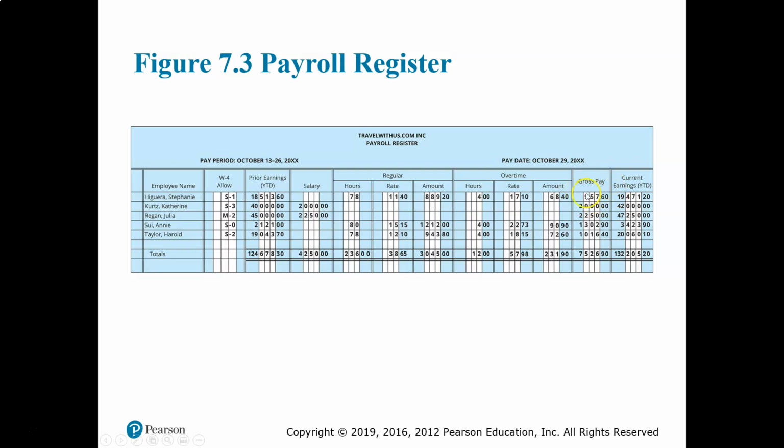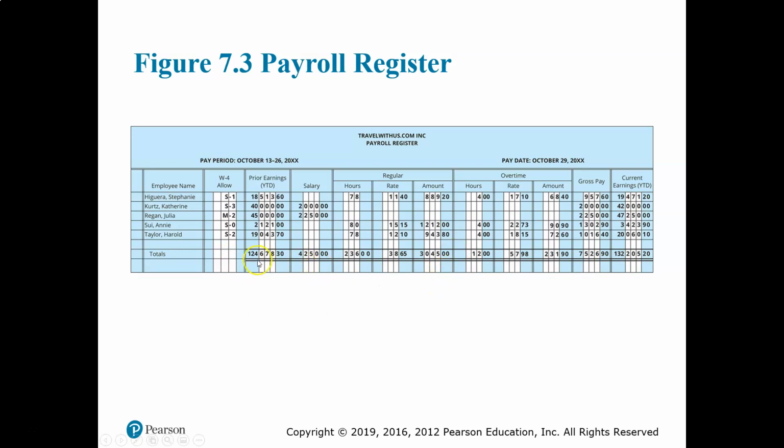And there might be any other number of deductions that you may have depending on the company. But you take this gross pay and add it to your prior year-to-date earnings to get your current year-to-date earnings. Okay, so that's all this page is doing. It's just multiplying, and of course it's adding up a total down at the bottom as well.